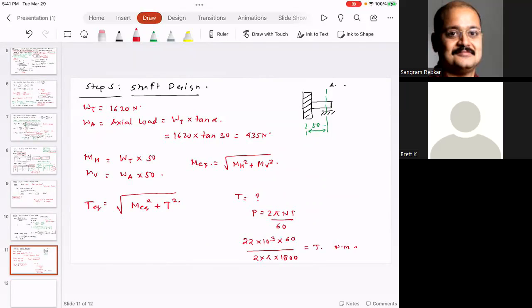This torque will get substituted here, and then tau is equal to TEQ divided by pi by 32 times d to the power 4 divided by d by 2. From here, you can find the value of d, and my answer is 31 millimeter.